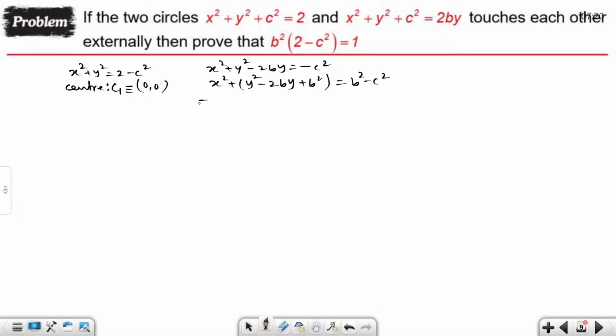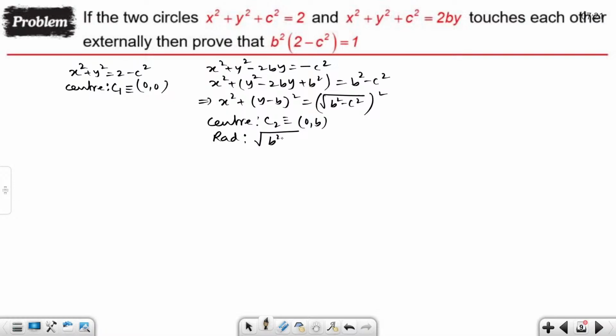This gives us x square plus (y minus b) whole square equals (root over b square minus c square) whole square. So for this circle, the center is at (0, b), and its radius is root over b square minus c square. Is it clear? Radius for the first circle is root over 2 minus c square.